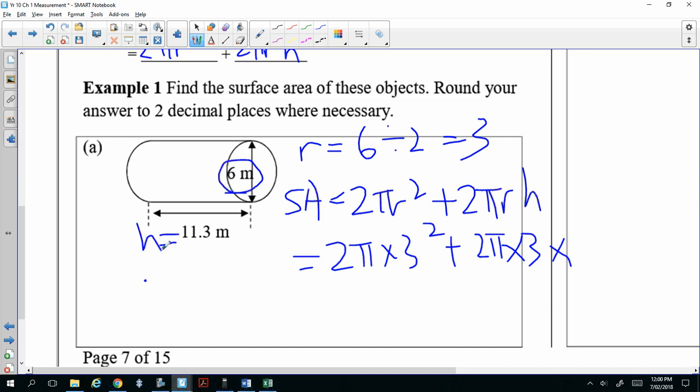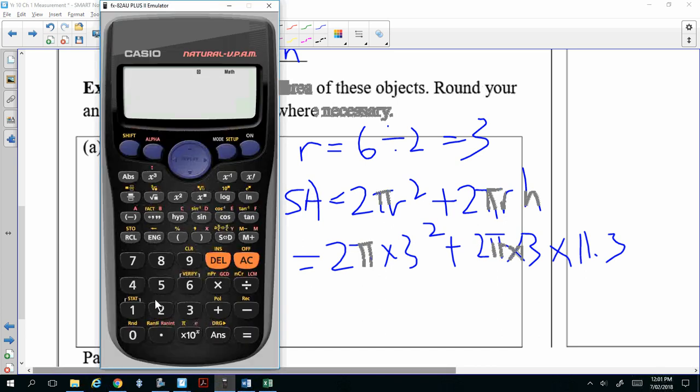This is your h, 11.3. Round to 2 decimal places, so you don't need to write your answer in terms of pi. All you have to do is just press the buttons. So 2 shift pi times 3 squared, and then plus 2 shift pi times 3 times 11.3.